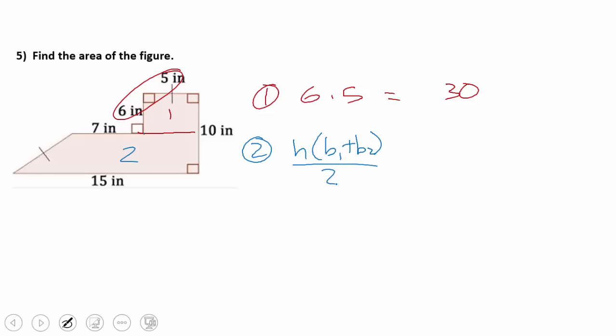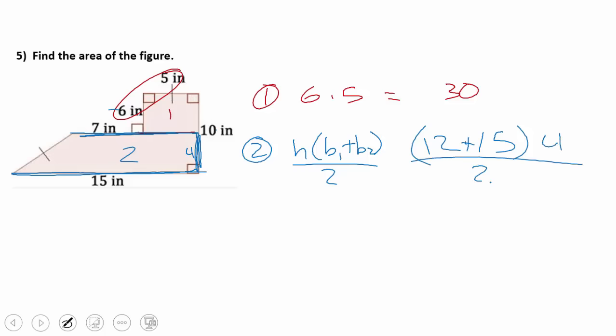And so, let's see. I know that the length of base 1 is right here. That's 7 plus 5, that's 12. I know that the second base is down here, that's 15. I'm adding those together. I'm multiplying by the height, which is this distance here, which is 10 minus 6, so this one right here is 4.